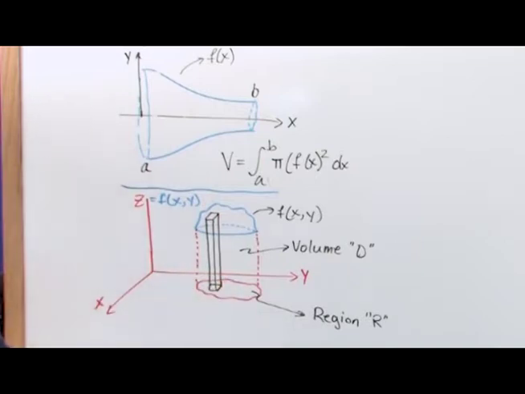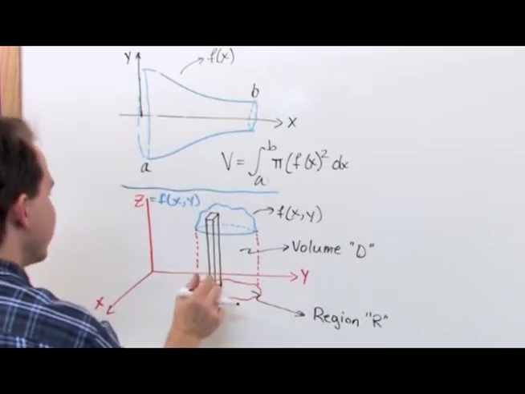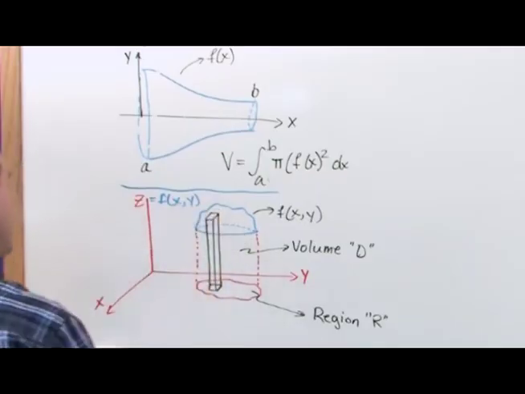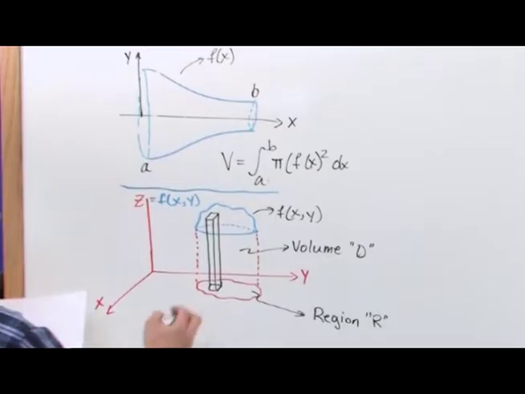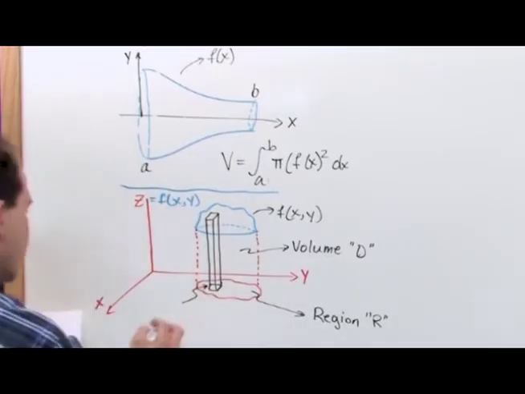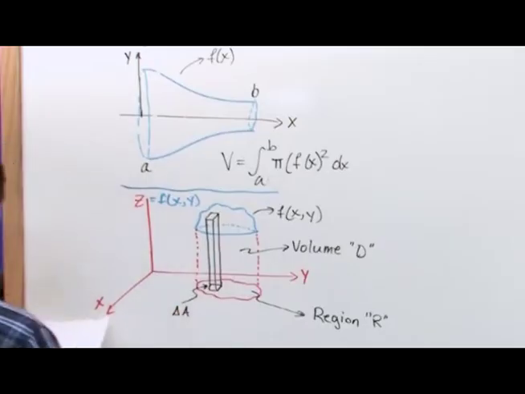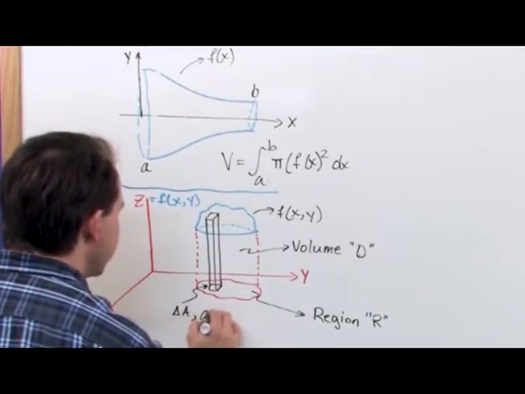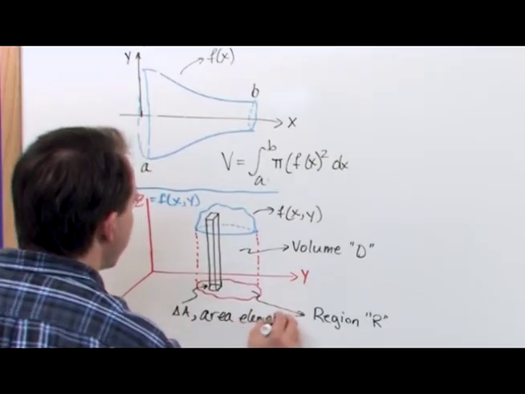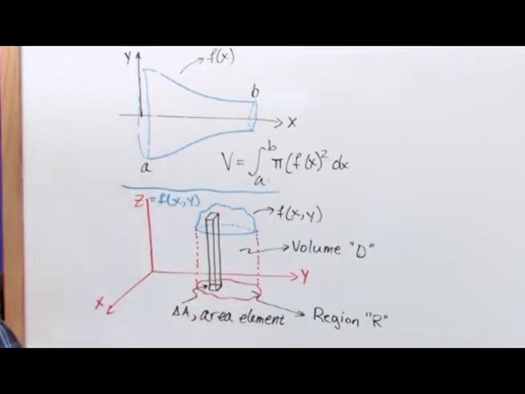So it's a square little skyscraper that goes from the bottom all the way up to the top. Now let me continue drawing some terms here. This guy right here is called delta A, which is just an area element. We'll see what this means in a second.